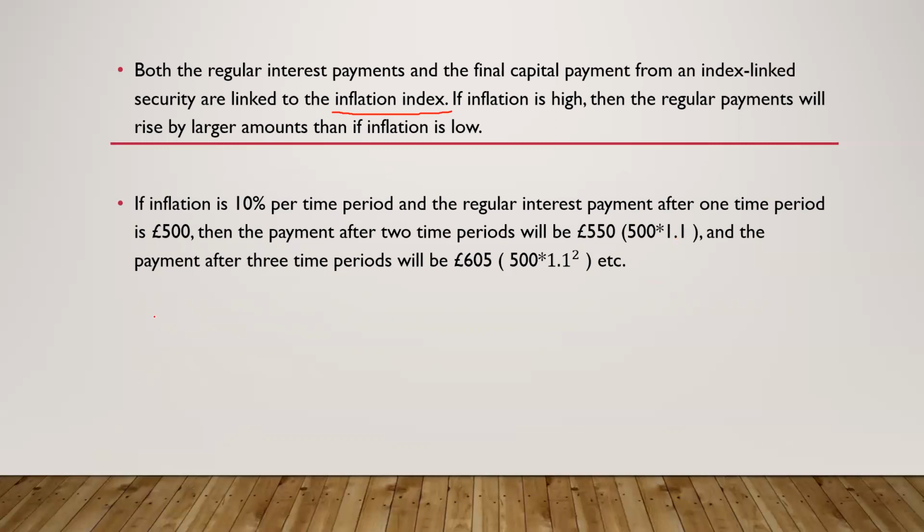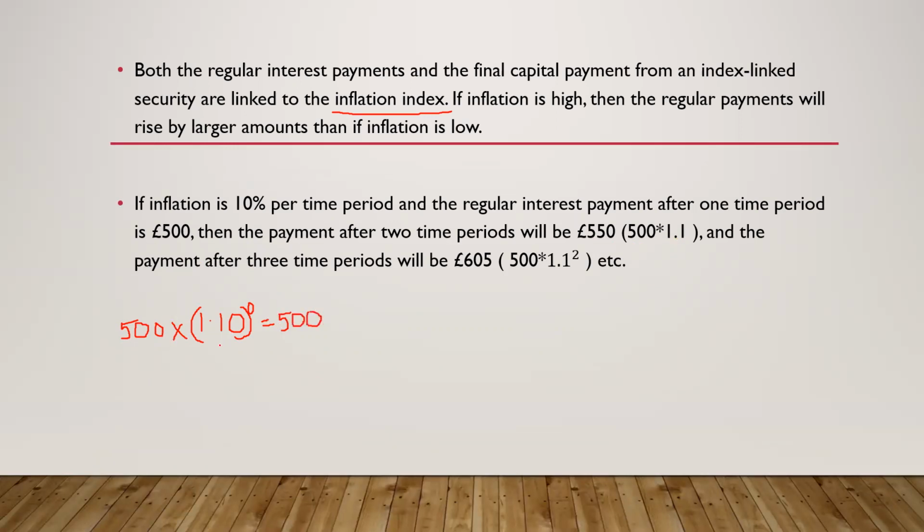Okay. So they have said here that after one time period, the inflation factor was just 1.10 raised to 0. So 500 multiplied by 1.10 raised to 0 would have given you the same amount, which is 500, because anything raised to 0 is 1.